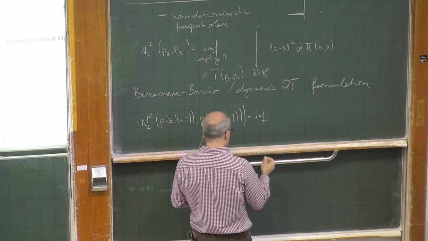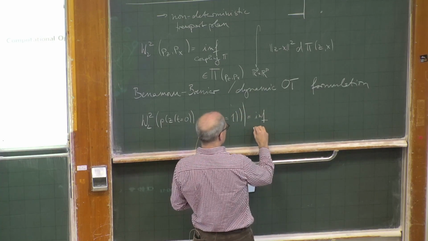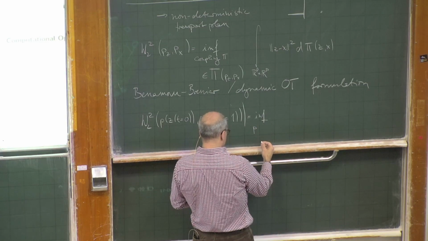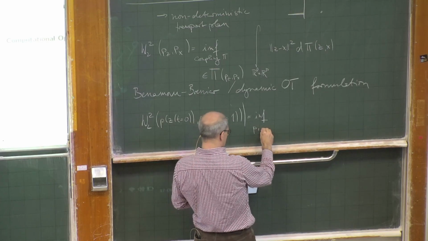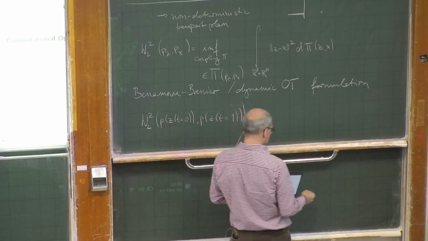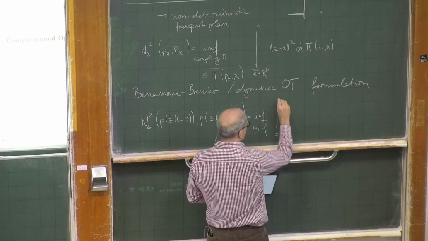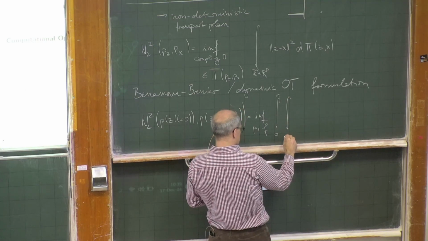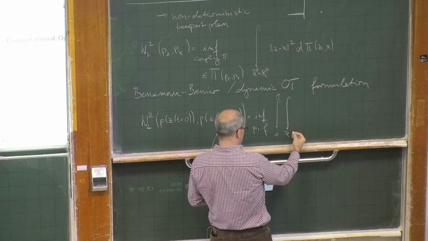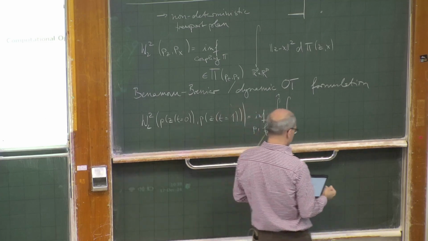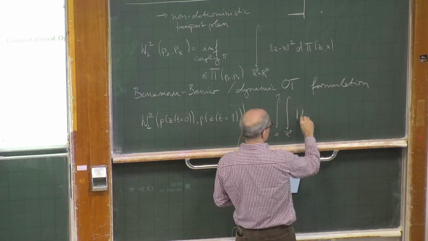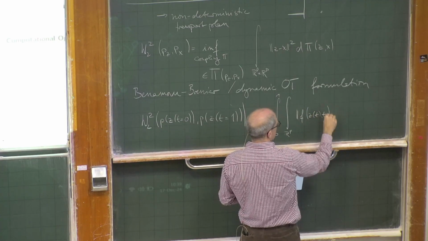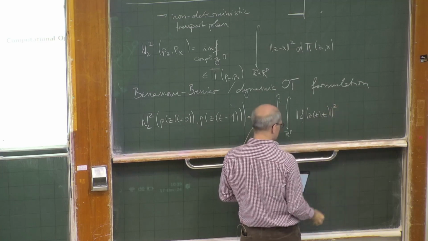And this is now defined as the infimum over my intermediate probabilities and my flow field, such that when I integrate over time and when I integrate the squared velocity, so this is my flow field, and I square it.